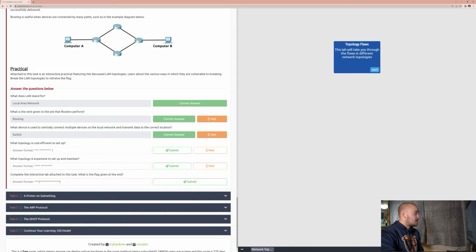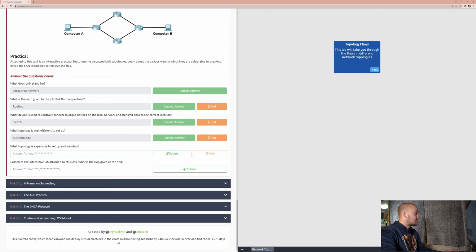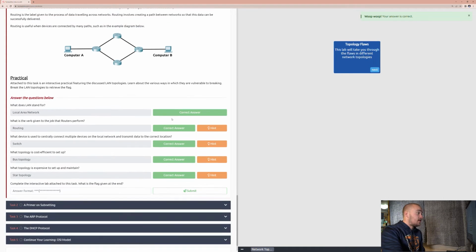The most cost efficient to set up would be the bus topology. What topology is expensive to set up and maintain? That is going to be the star topology, even though this is the most common one, but the reason that it's so common is because of how well it performs.